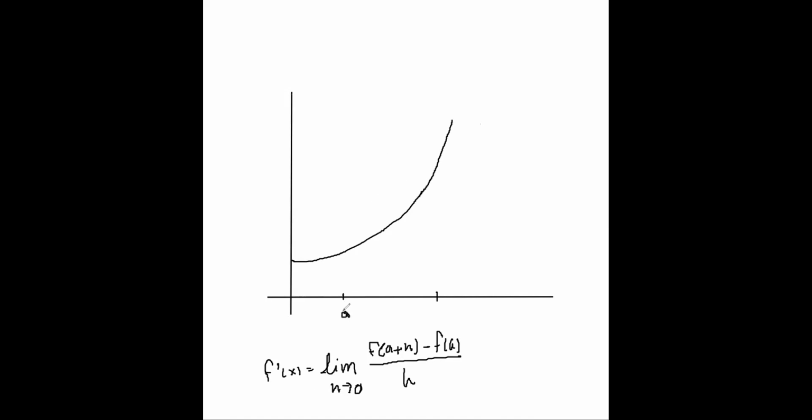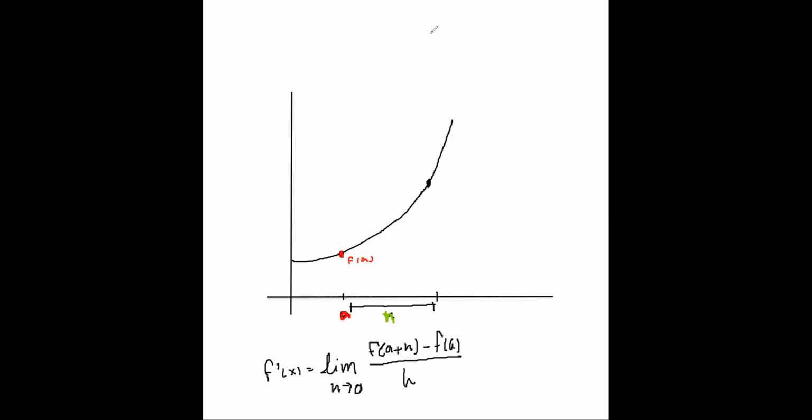So this is x is equal to a, right? So this point right here would be f of a. And this point right here, we're going to call this distance h. I'm going to try to do a little bit of color coding here so that it's a little bit more visual.